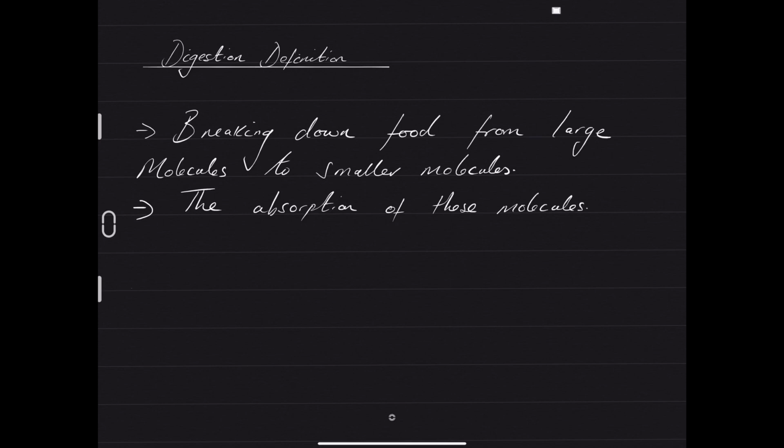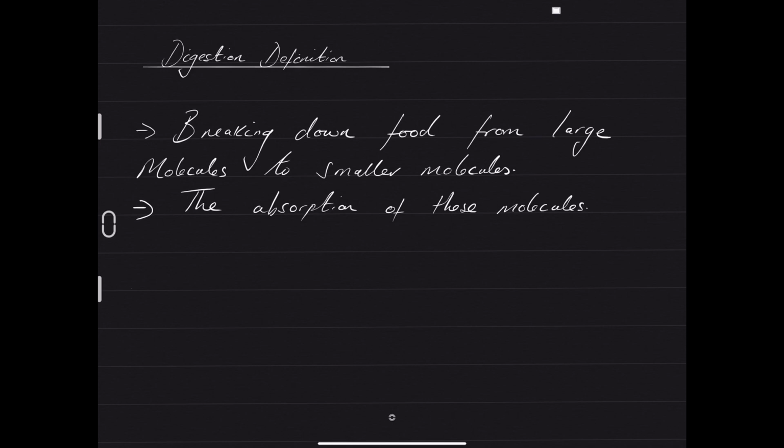So we are breaking down the food from large molecules to small molecules, and these smaller molecules have to be absorbed, and this completes the digestive process. Now, how is food broken from large molecules to smaller molecules for absorption to take place?